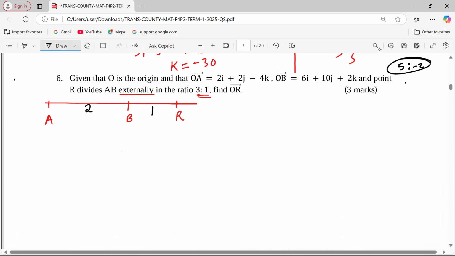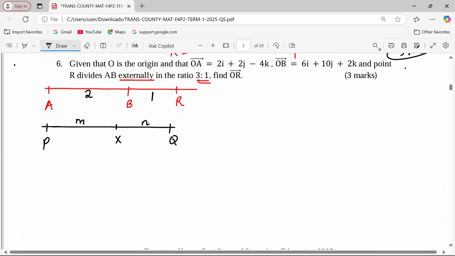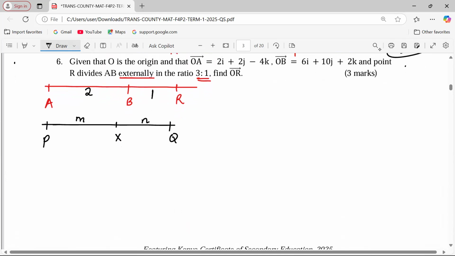Assume we have a line PQ, and it has been divided by a point X in the ratio M is to N. According to the ratio theorem, we take proportion M, divided by the total proportions M plus N. Because we have picked M, we multiply it by the opposite vector, which is Q. Then we add proportion N out of the total proportions M plus N, and because we have picked N, we multiply by the opposite vector P, and we get vector X. This is the general statement of the ratio theorem.